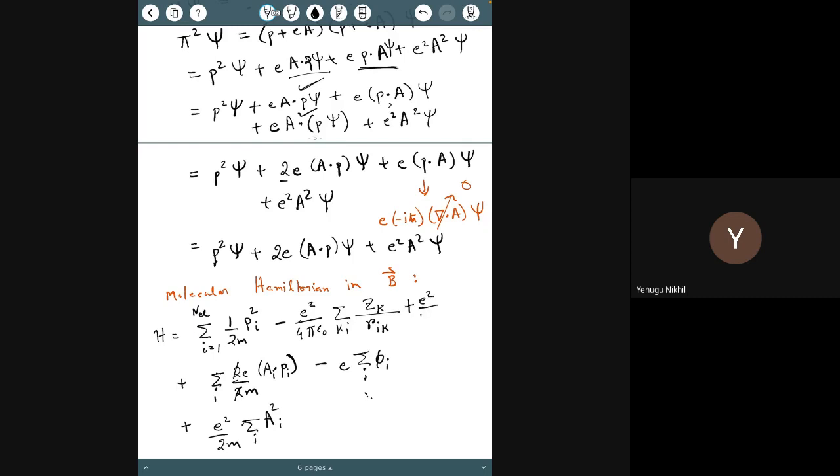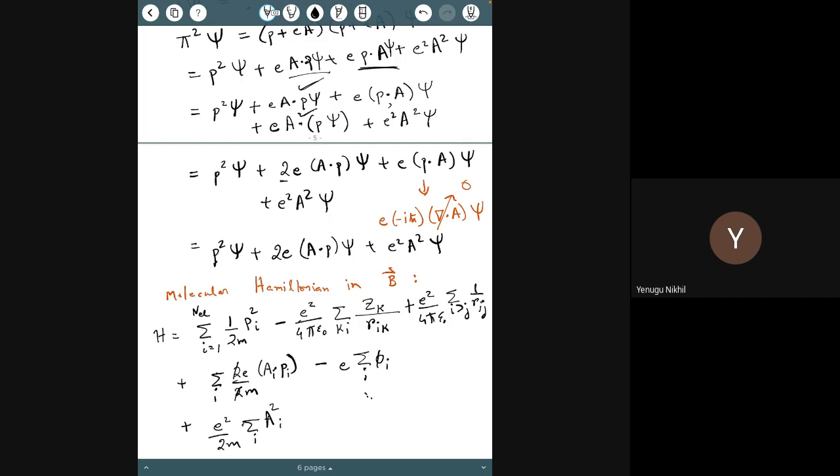Then you have e square by 4 pi epsilon 0 sum over. When I write i not equal j, I will go over the unique pairs of electrons. I and j are the indices of the electrons. We have 1 by R_ij. What is the 1 by R_ij? This is the Coulomb repulsion of the electrons among each other.